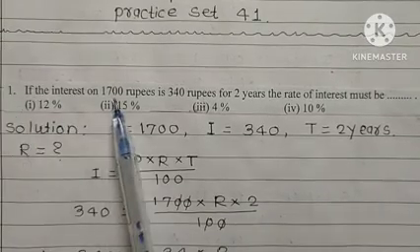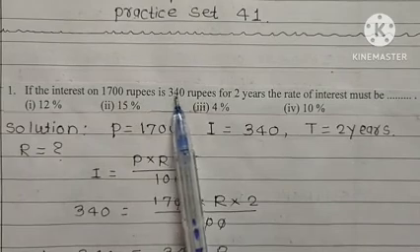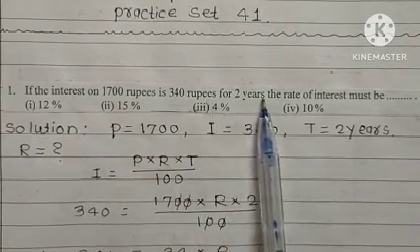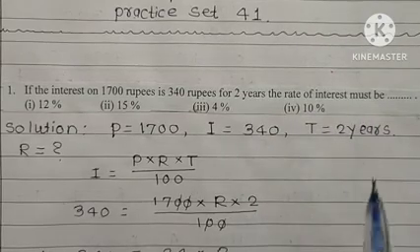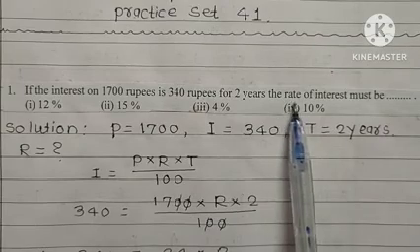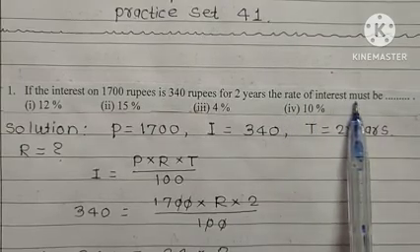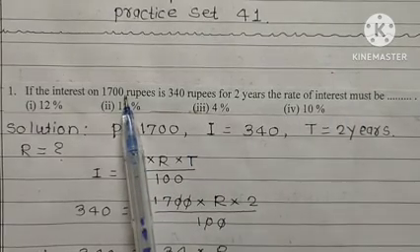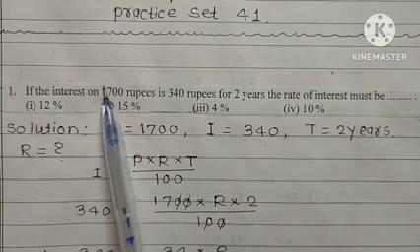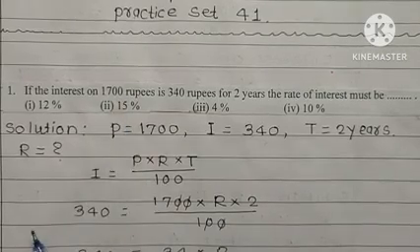If the interest on 1700 rupees is 340 rupees for 2 years, the rate of interest must be. That means we have to find out the rate of interest, that is R. This is the principal amount, that is P, 1700.